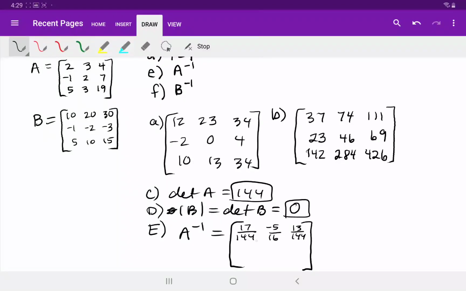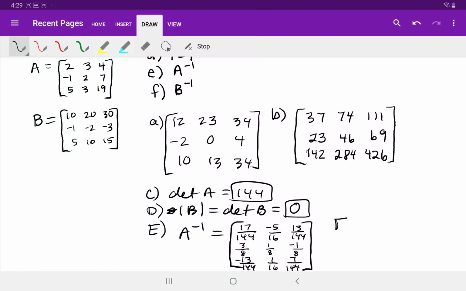The determinant being 144 makes sense. The negative 5, 6 is reduced. I don't know the formula for 3 by 3s. There's not really a formula, but it does involve the determinant. Okay, this is negative 1/8. This is negative 13 over 144. So the determinant is in the front of that one too, but there's not a formula that we use. It'd be too hard to memorize.